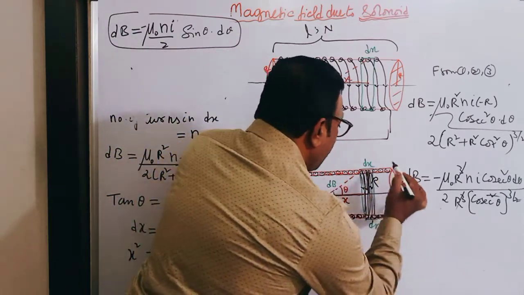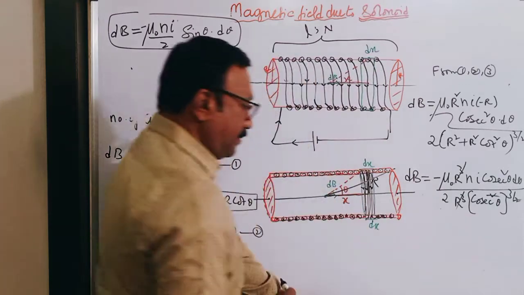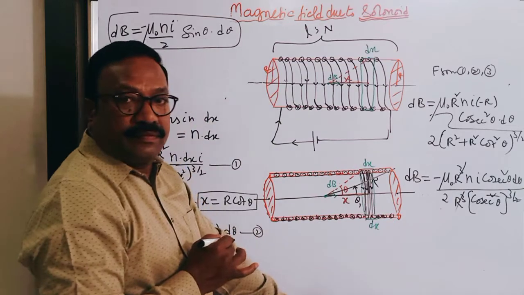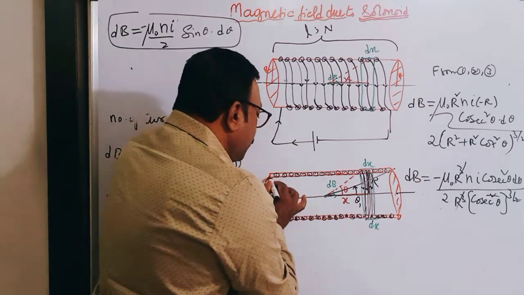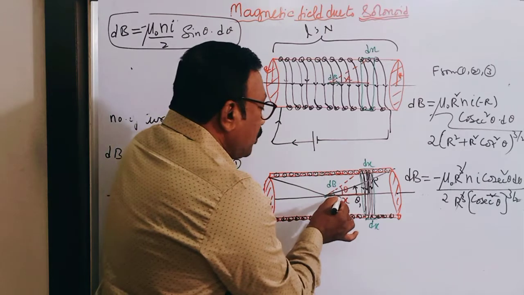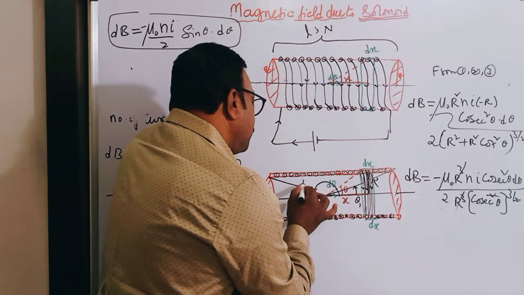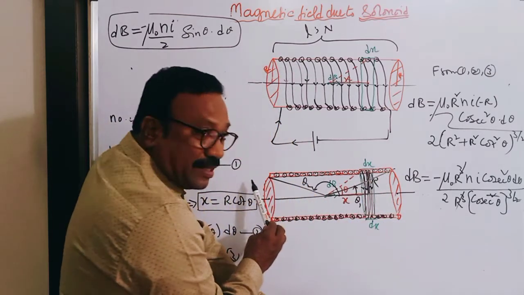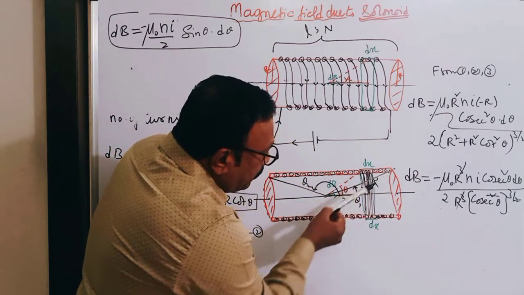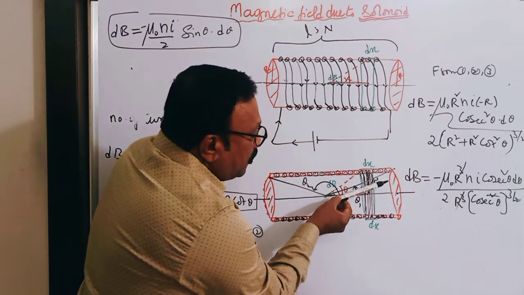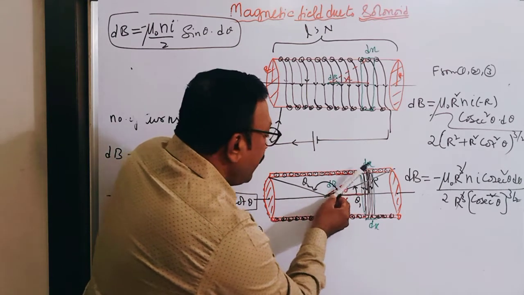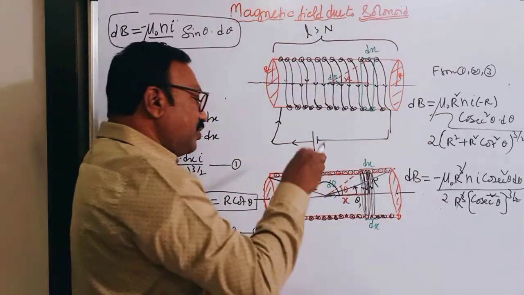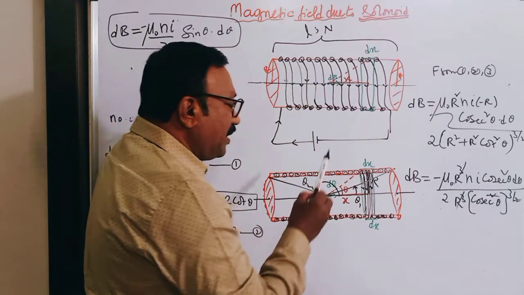So you do one thing then. Join a line from here to this point like this. Let this be theta 1. Join a line from here to here like this. Let this be angle theta 2. So here I have to consider all these terms. When I am considering all these terms, theta starts from theta 1 and ends at theta 2, so that you have considered all the terms to calculate the magnetic field at this point.